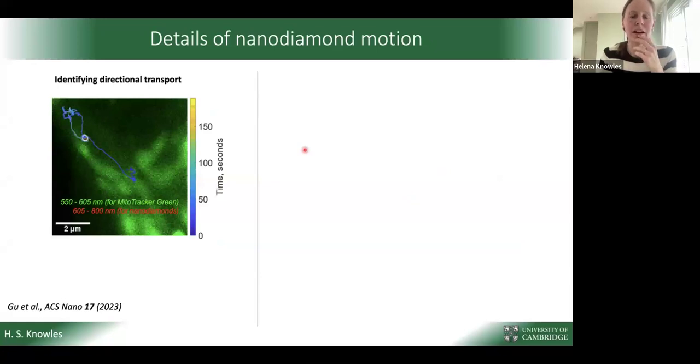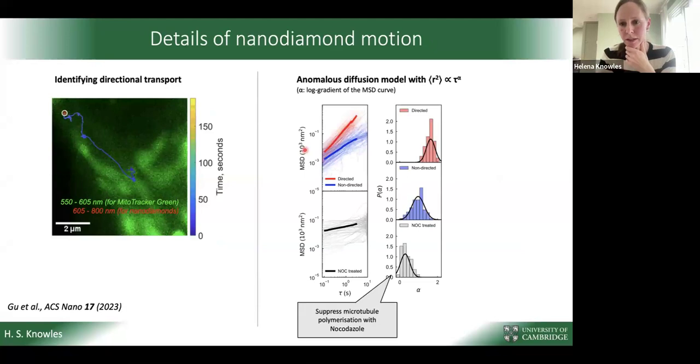One more slight detail on what else we can extract from this motion. So this is the same track that I showed earlier, and if we take lots of tracks like this and split them into components that have the directed transport and the Brownian transport, we get an interesting distribution here.